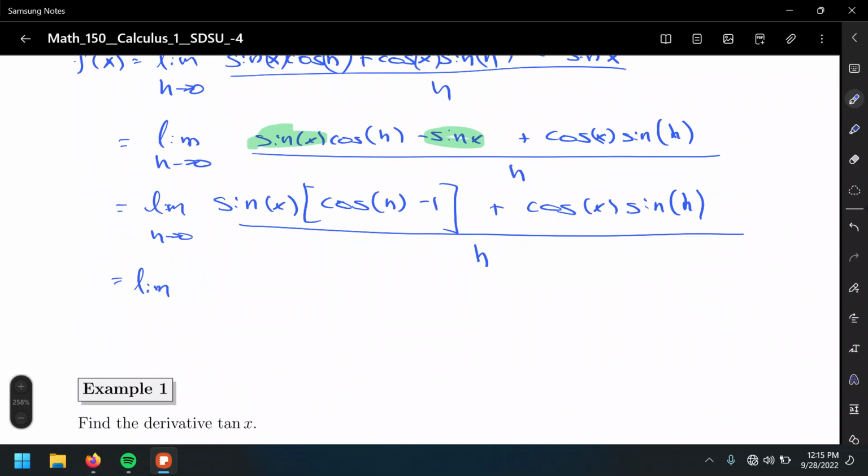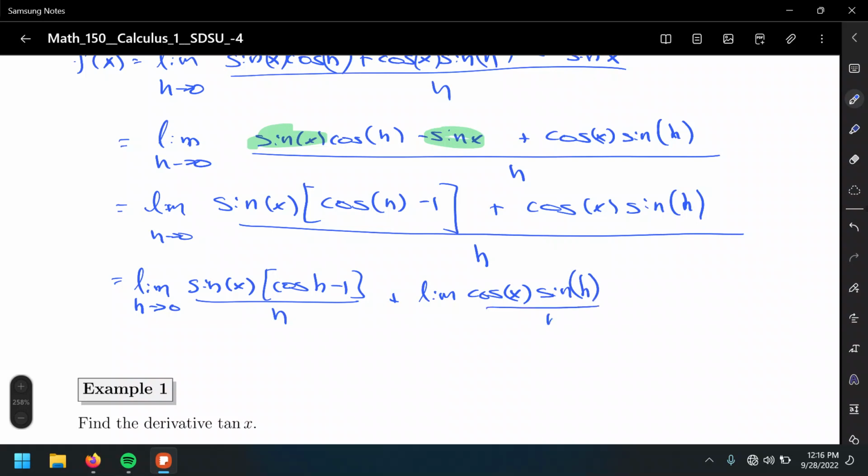So that's the limit of sine x as h approaches 0 times cosine h minus 1 over h plus limit of cosine x times sine h over h as h approaches 0.